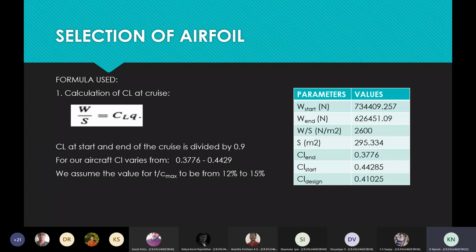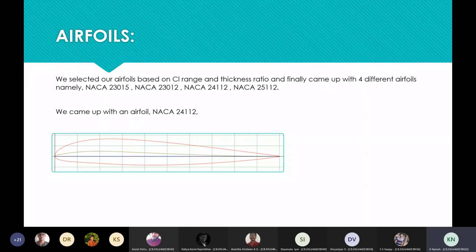We got from 0.37 to 0.44. We also assumed the maximum thickness ratio to be from 12% to 15%. Using these values, we selected four different airfoils, and we finally came up with the airfoil NACA 24112.